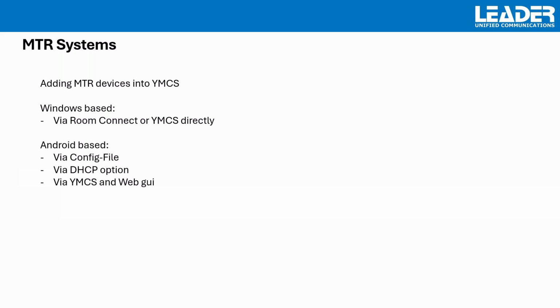Adding MTR devices into the YMCS, Windows-based, happens via the Room Connect or the YMCS directly. Android-based via config file, DHCP option, or via the YMCS and the web GUI.